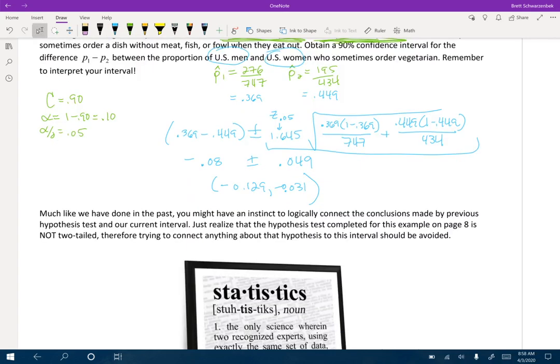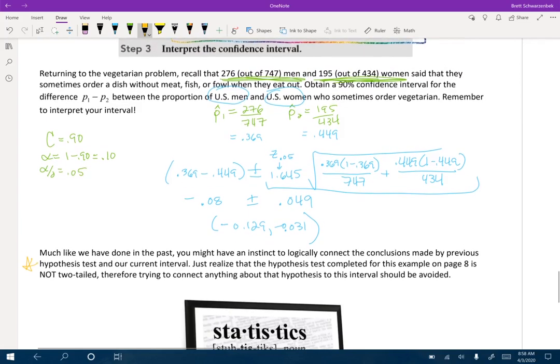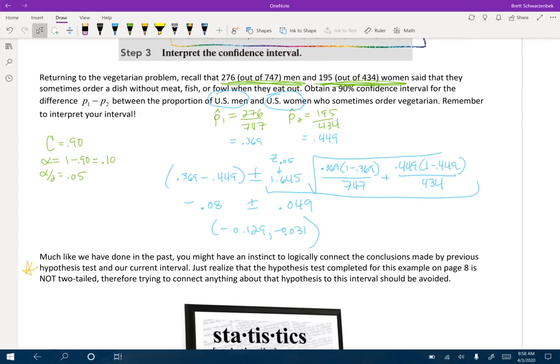Okay, last thing here. I'm not going to read it, I'm just going to explain it. If you remember, towards the end of each one of these sections, I always wanted to make a connection between intervals and tests, in terms of using a confidence interval to make your decision about a hypothesis test. I just want to point out that we cannot do that here. Why?